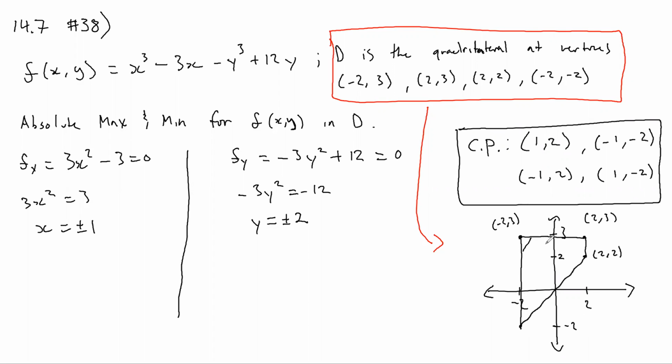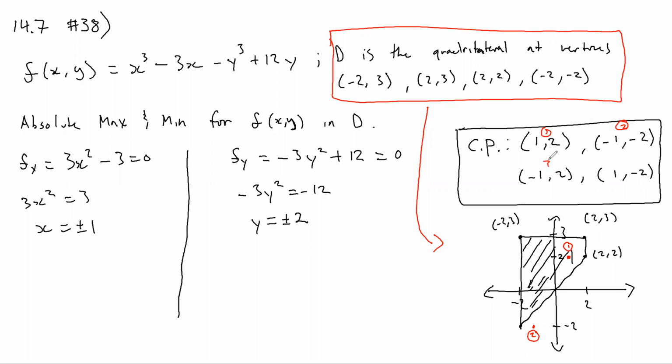So this is what D actually looks like. Everything inside this bound is continuous for the specific function you're given, in this case f of x, y. Now let's look at the critical points on this graph. For 1, 2, we can clearly see it's somewhere around here, so that's critical point number 1. Critical point number 2 is at -1, -2, right there.